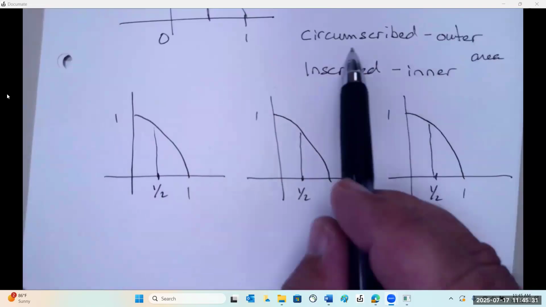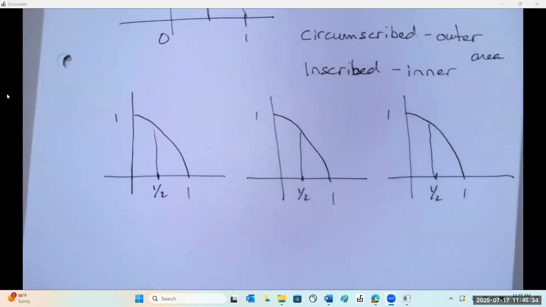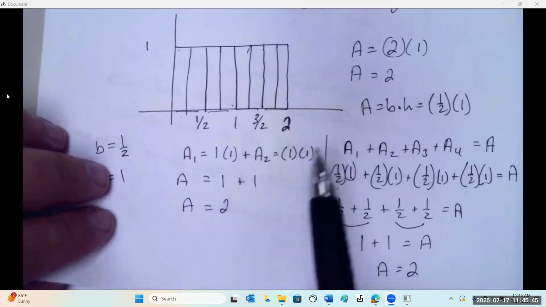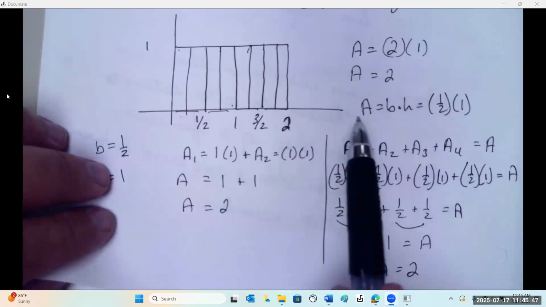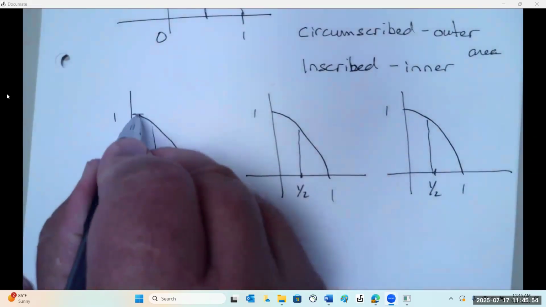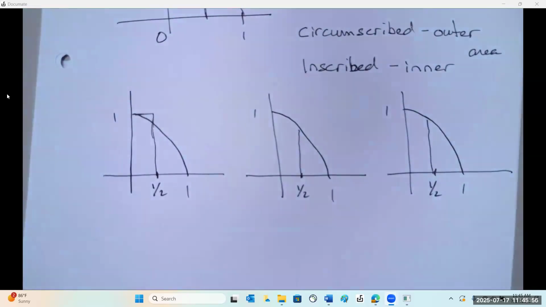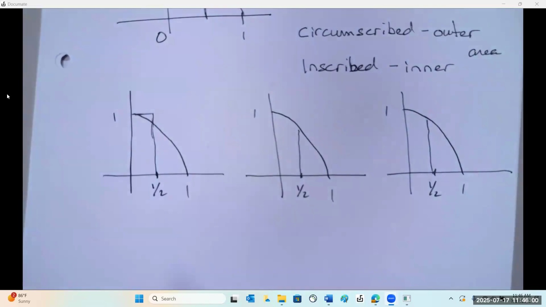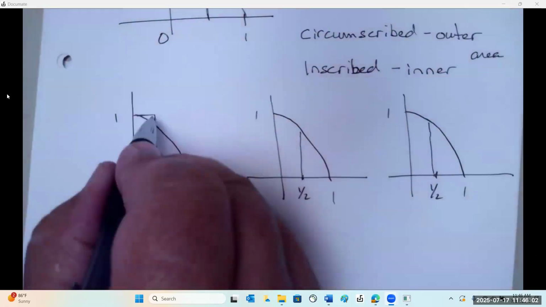Now, what the circumscribed means is we're going to take the area of. So now we're going to look at rectangles. We're going to keep this model available because the area formula we have, base times height, defines a rectangle. So we're going to keep that model.